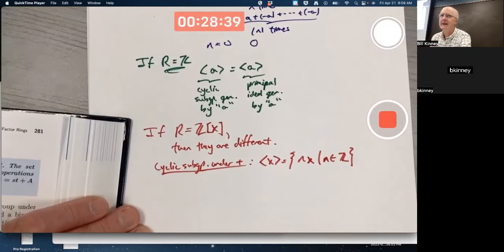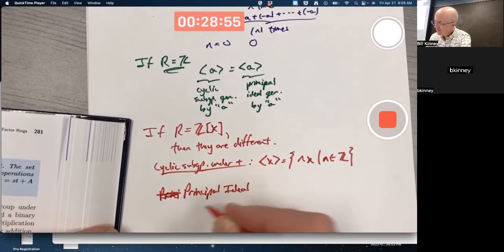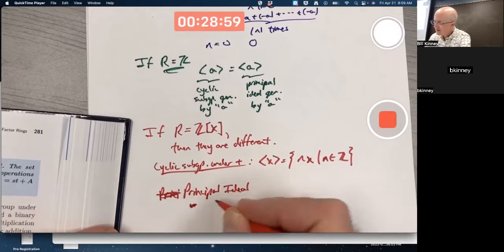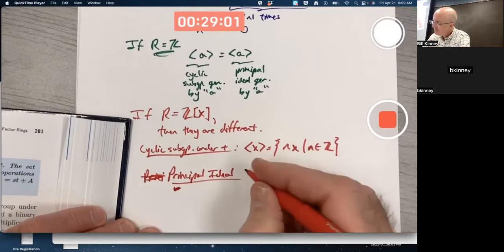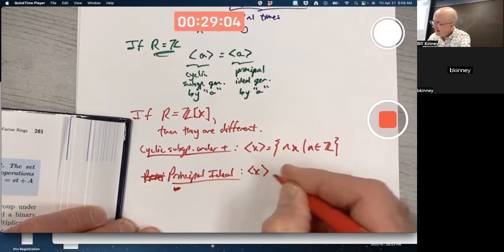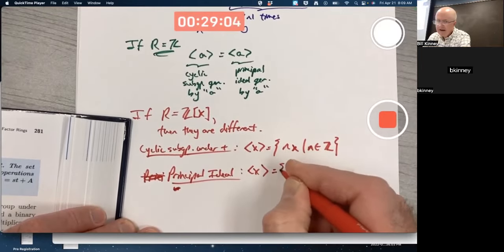But as a principal ideal, can I spell principal? Principal ideal. As a principal ideal, it's all polynomial multiples of x.